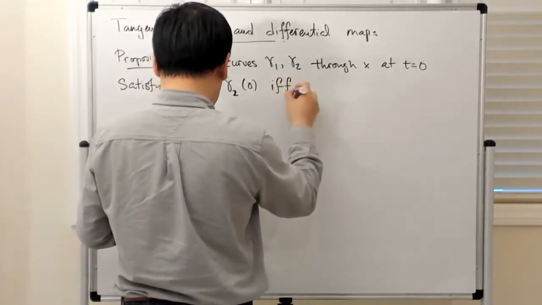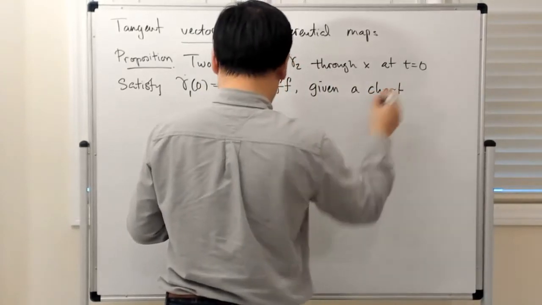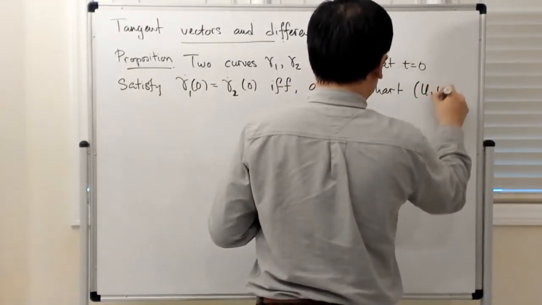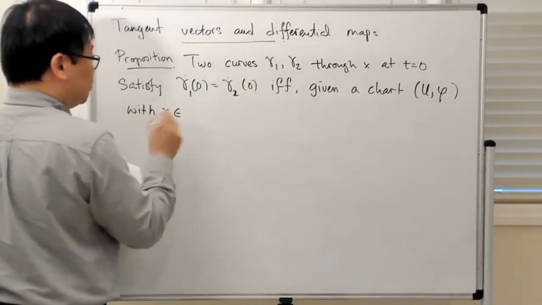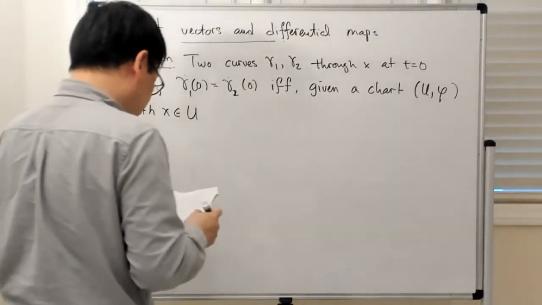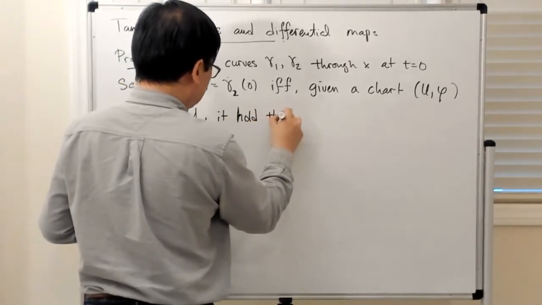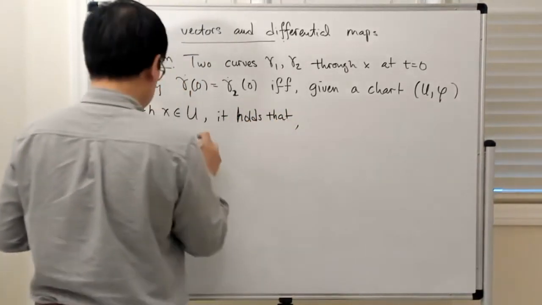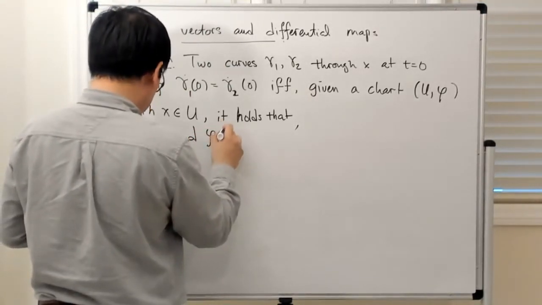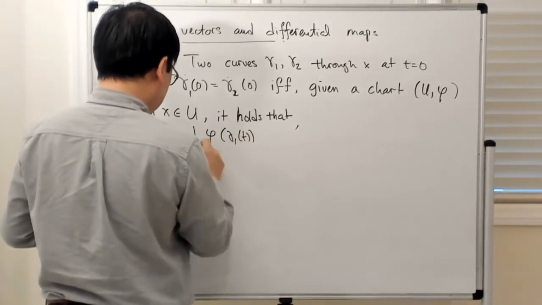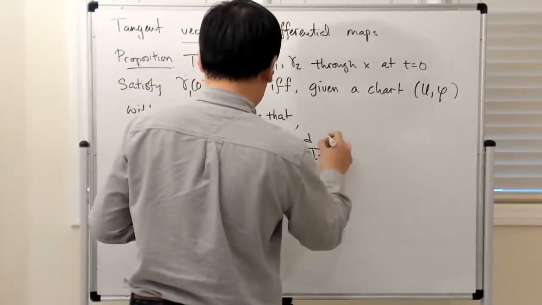If and only if, given a chart, say, with x being a point in the domain of definition of the chart, it holds that the derivative of the chart applied to the curve, evaluated at t equals 0, is equal to this thing here, right?